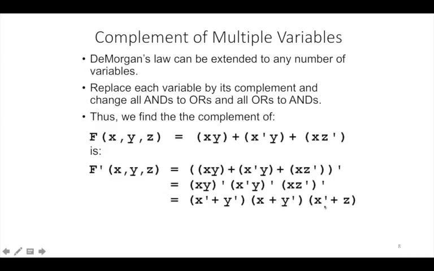And the last one, we have x z complement and the whole thing complement equals x complement OR with z double complement, so equal to z. Okay, so that's the complement of multiple variables. So basically, we transform ANDs to ORs and ORs to ANDs, and also we perform the complement for each of the variables or components of the function.